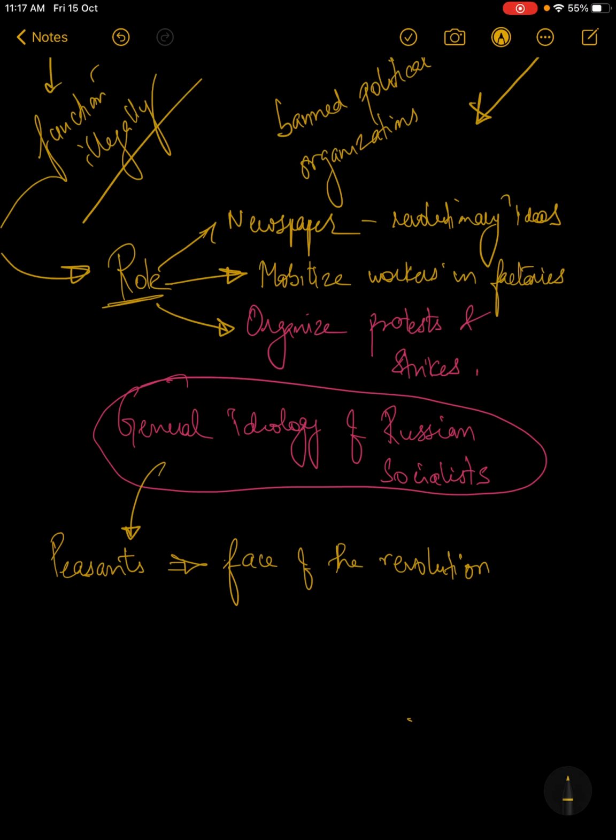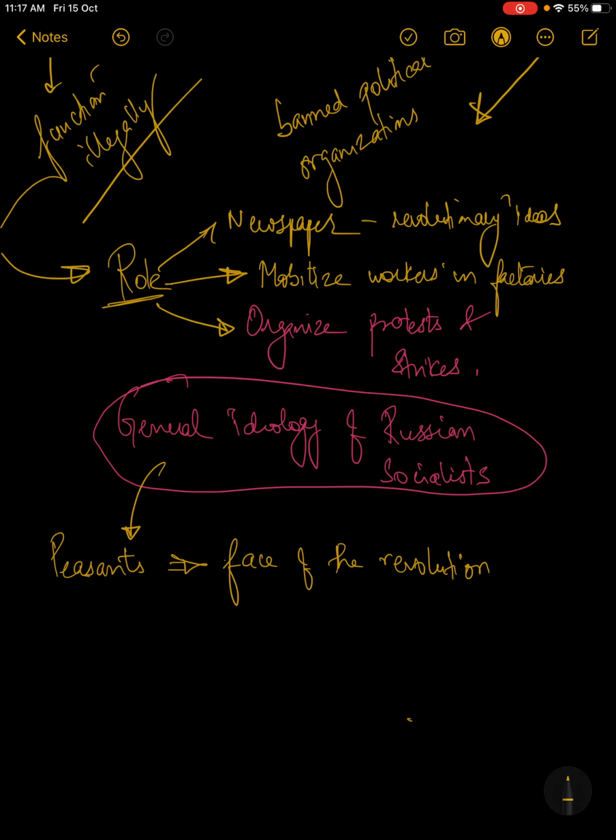Now what was the aim of this party? Of course, every party that comes into existence is going to have some aim or the other, right?